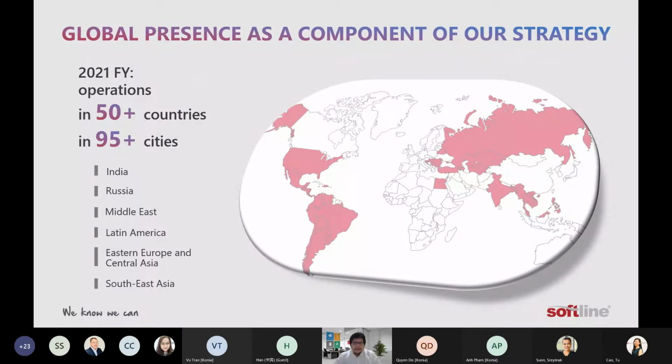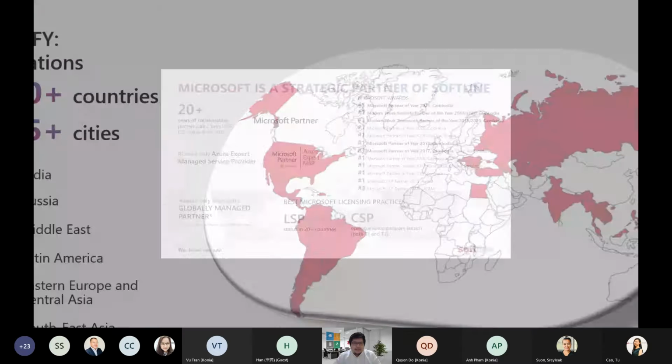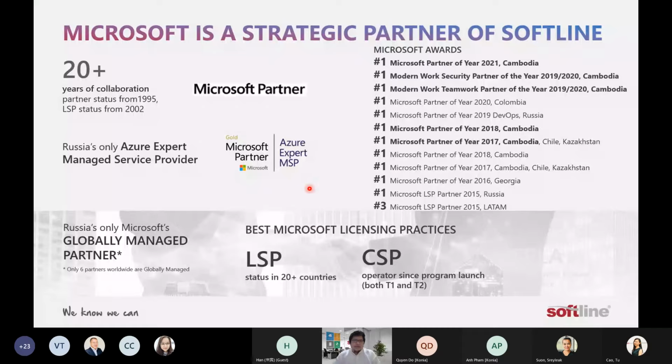Let me share a quick achievement that we have made over time. Softline is a top partner of Microsoft, and we are a global managed partner. There are only 6 global managed partners around the globe, and Softline is one among them.